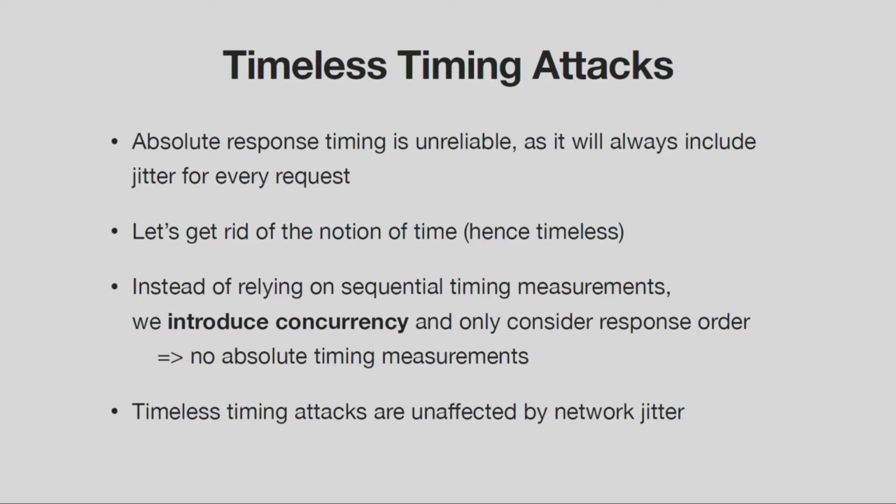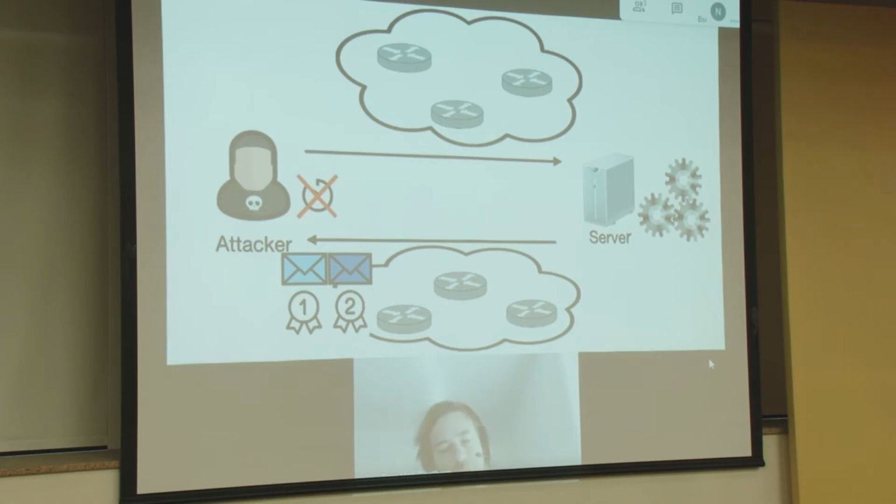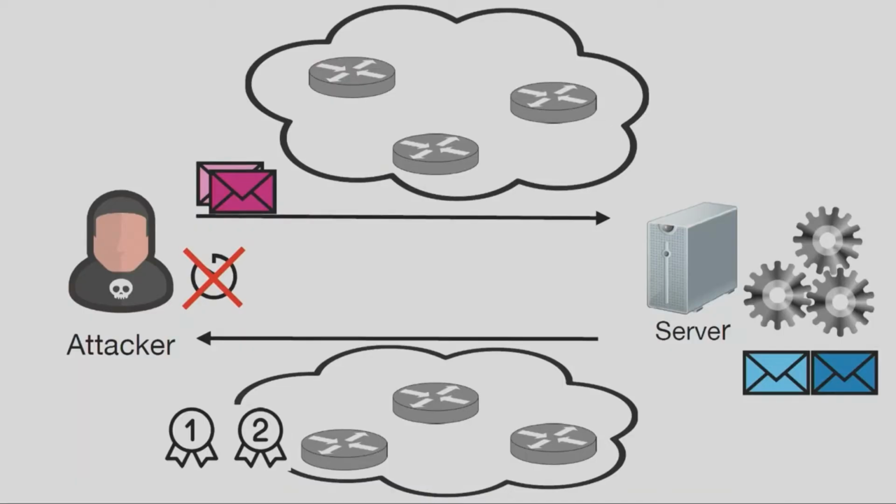Now instead of one request, we send two requests at the same time, these two pink ones, and we make sure that they're in a single packet that is sent to the server. They are sent at the same time and arrive at the same time at the server, where they're processed in parallel and sent back depending on which one finished first.